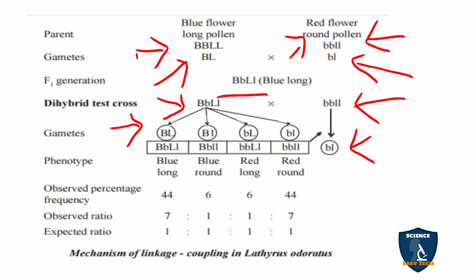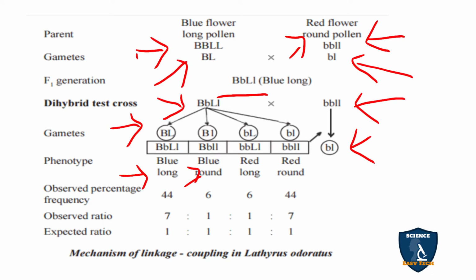Crossing them, the first is capital B small b, capital L small l, blue long. The next is capital B small b, small l small l, blue round.